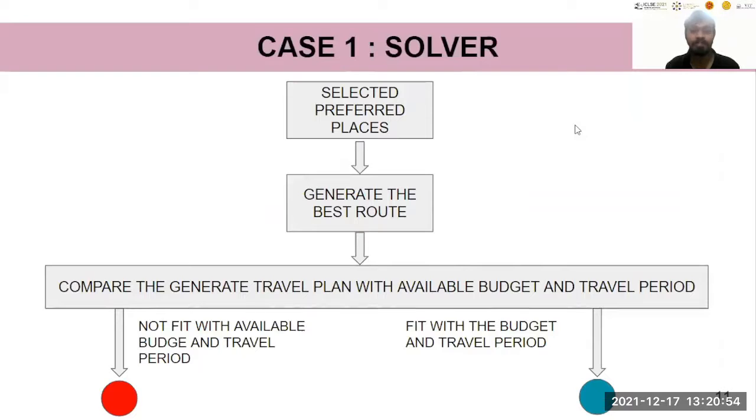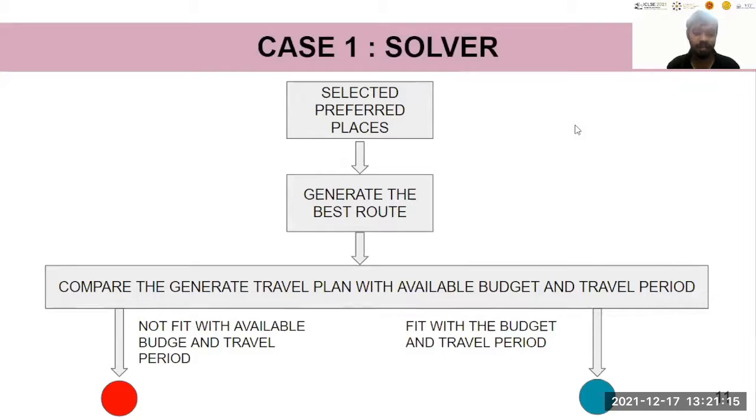Let's consider case one. They select some places and also pick some categories. In that case, we give priority to the preferred places that the user selects. We take those places, prepare the tour plan, and compare it with the budget and travel period they have.